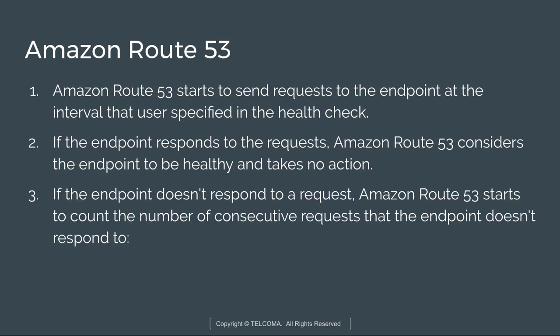Amazon Route 53 starts to send requests to the endpoint at the interval that the user specified in the health check. If the endpoint responds to the request, Amazon Route 53 considers the endpoint to be healthy and takes no action. If the endpoint doesn't respond to the request, Amazon Route 53 starts to count the number of consecutive failed requests.